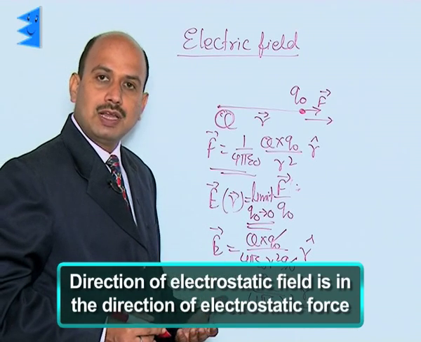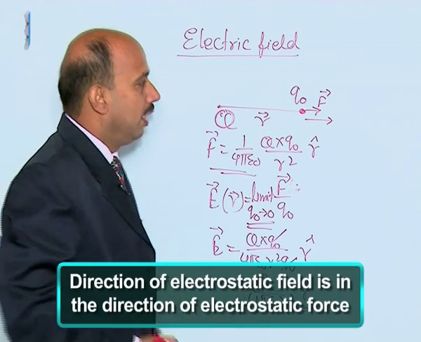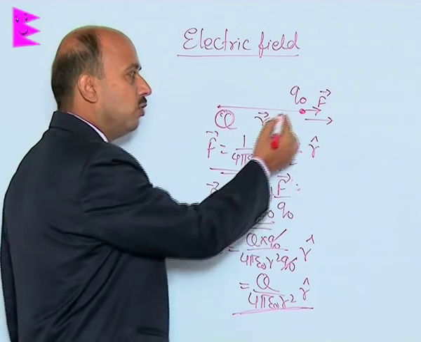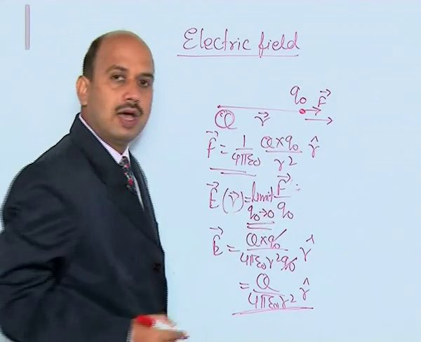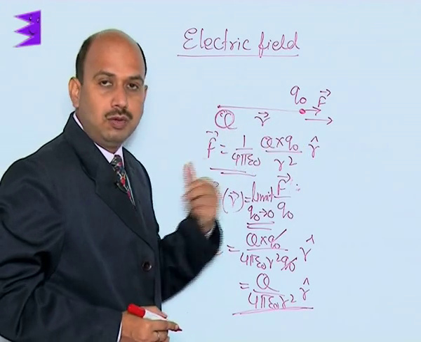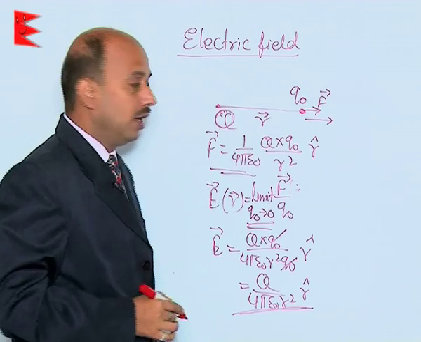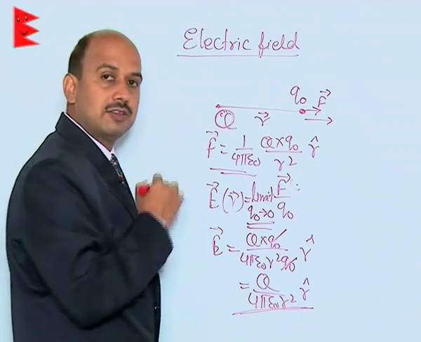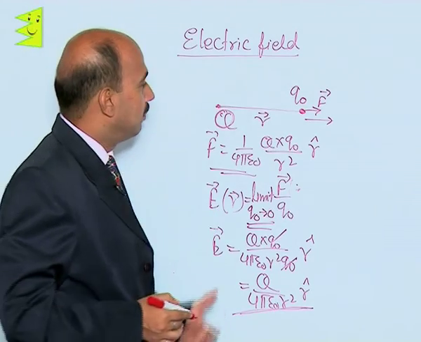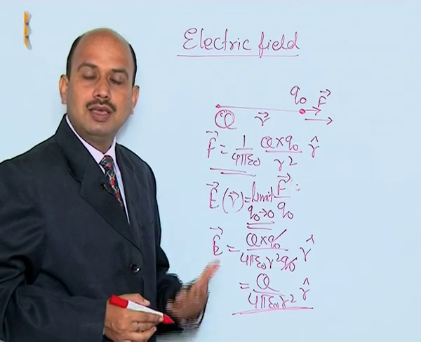So, direction of electric field intensity is in the direction of electrostatic force. Suppose it is a unit positive charge, the force experienced by this is outward, and if it is a negative charge, then the force experienced by this charge is inward. If the source charge is positive, then the direction of electric field is radially outward, and if the source charge is negative, then the direction of electric field is radially inward.